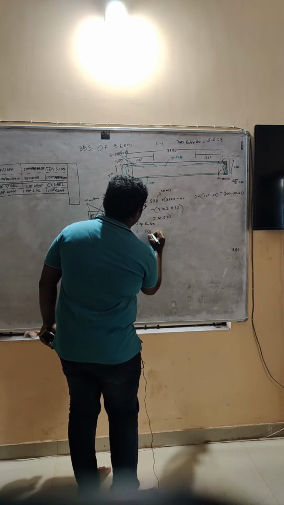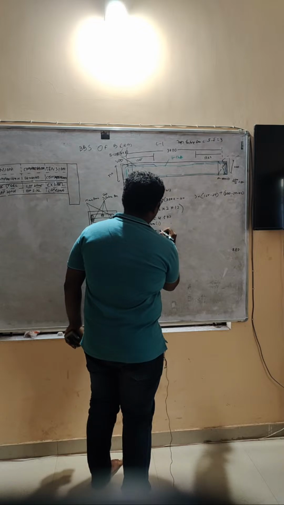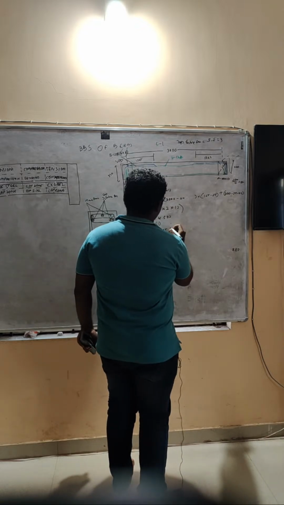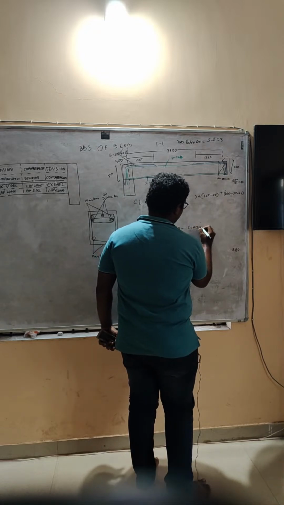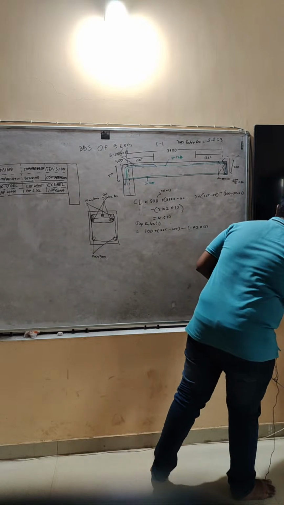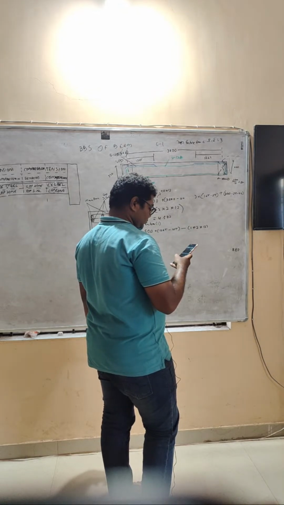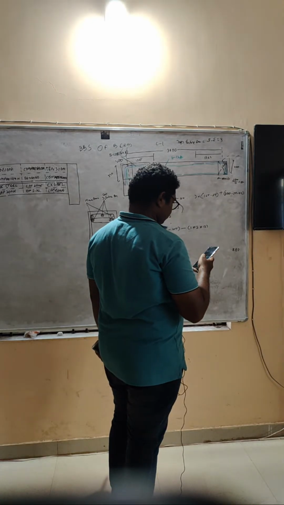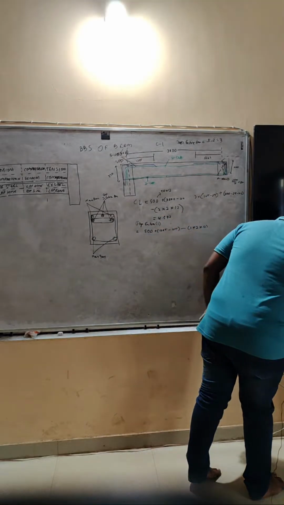I will denote it as top extra 1: 50D plus 1265, subtracted by 125, and again deducted from the bend deduction, 2 into 12, that is 1.716.